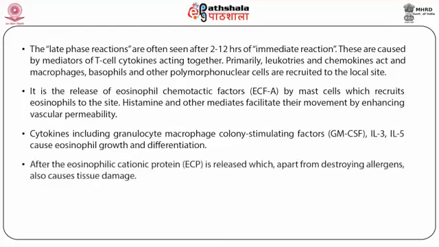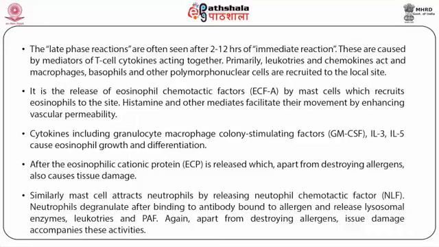After that, eosinophilic cationic protein is released, which apart from destroying allergens also causes tissue damage. Similarly, mast cells attract neutrophils by releasing neutrophil chemotactic factor. Neutrophils degranulate after binding to antibody bound to allergen and release lysosomal enzymes, leukotrienes and PAF. Again, apart from destroying allergens, tissue damage accompanies these activities.